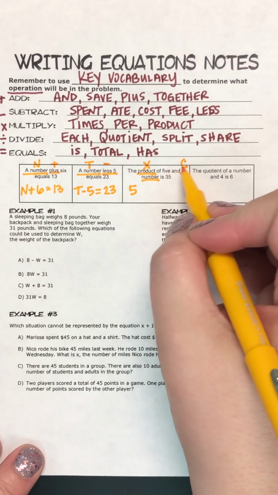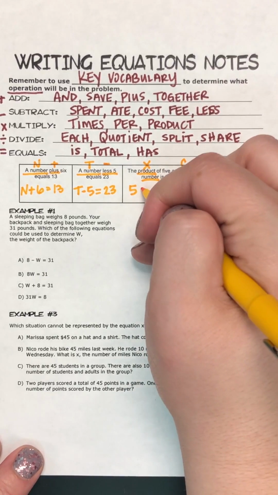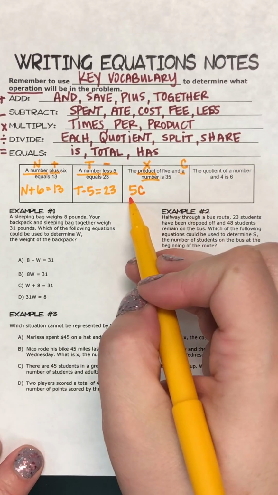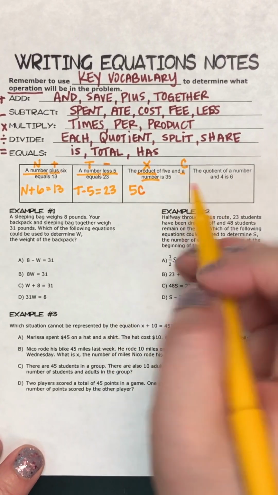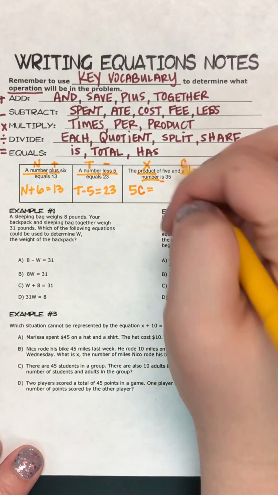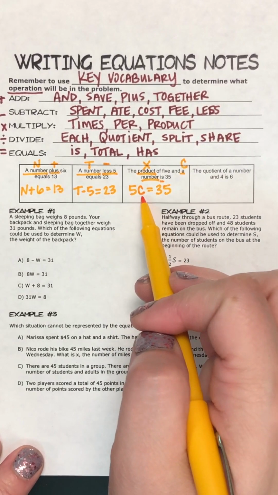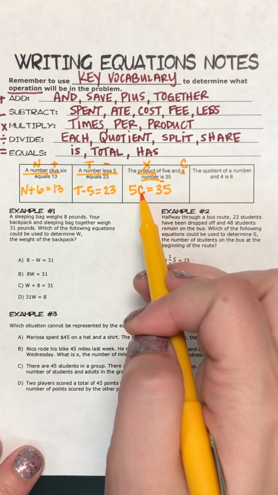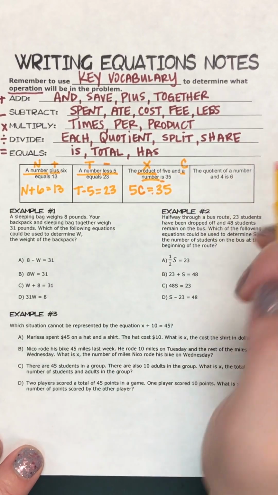So the product of 5 and C. I'm just going to set them right next to each other, 5C. Remember, when a number and a letter sit next to each other, it means multiply. And then it says is, our equals word, and then 35. A number can be any letter you want it to be.